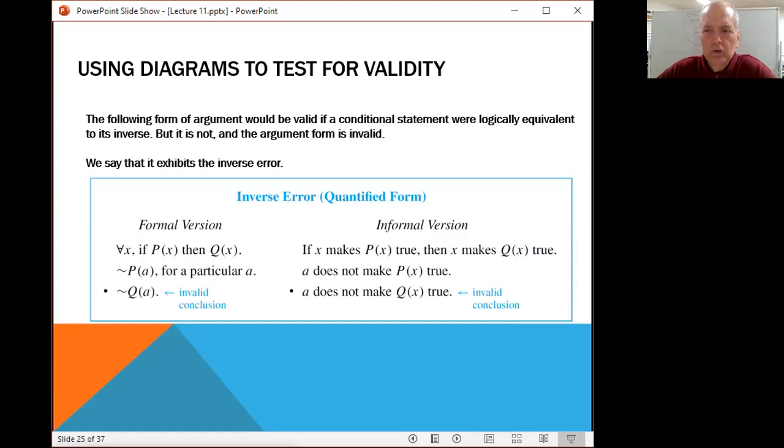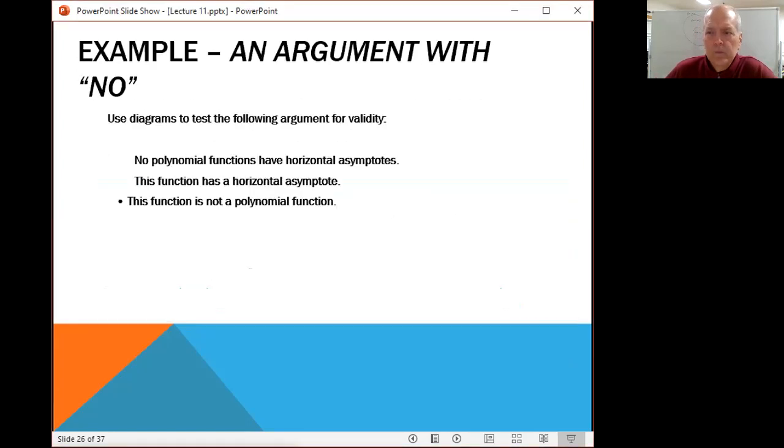That's an invalid conclusion, and that's an example of the inverse error. Okay, so let's take a minute. Look at the particular argument here and use diagrams to test the argument for its validity.